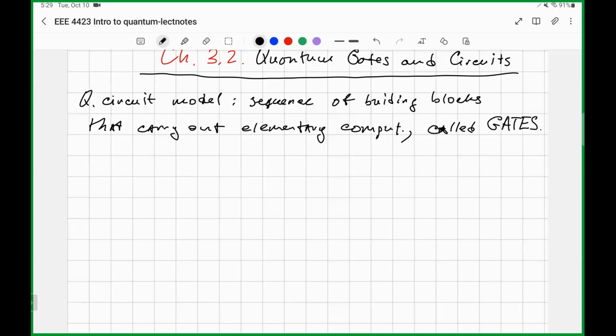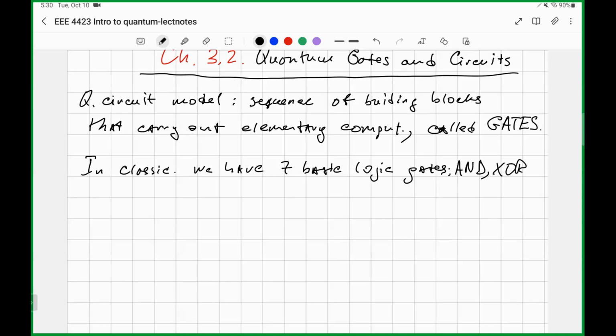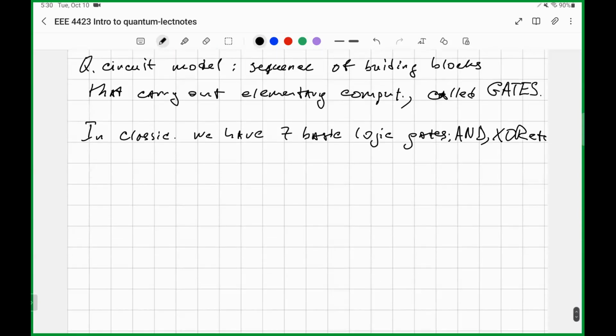So you probably know that in classical logic, in classical computation, we have 7 basic logic gates called AND, NOT, XOR, etc. For example, AND, XOR, etc.